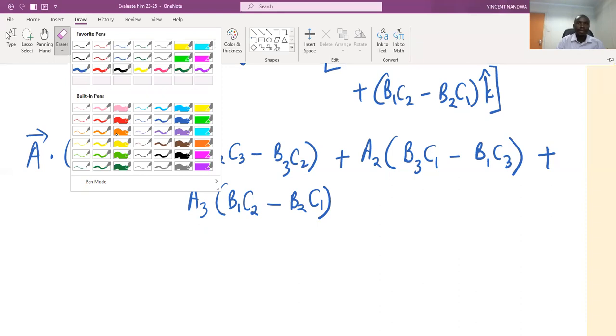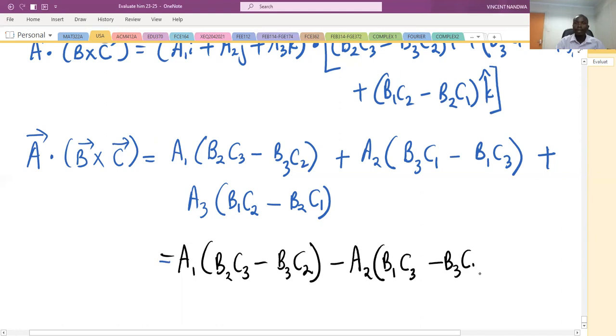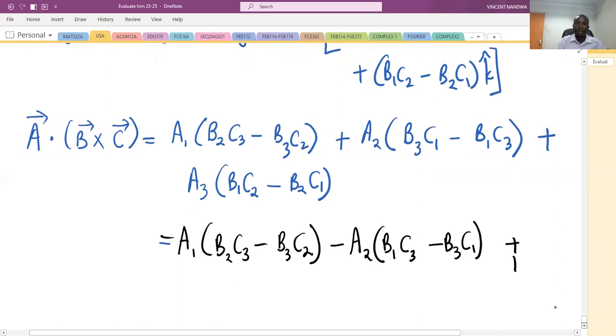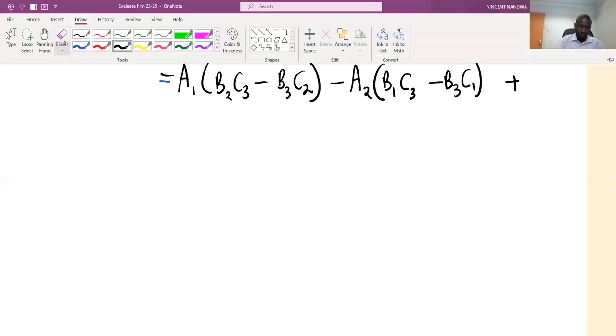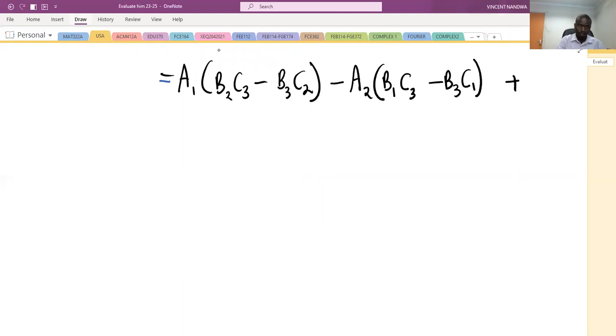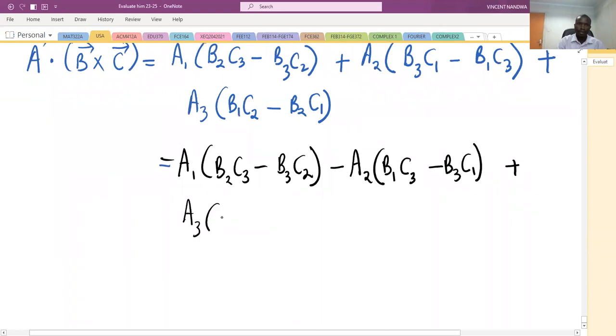This can be written as A1 B2 C3 minus B3 C2 minus A2, and then I have B1 C3 minus B3 C1, plus A3, B1 C2 minus B2 C1.